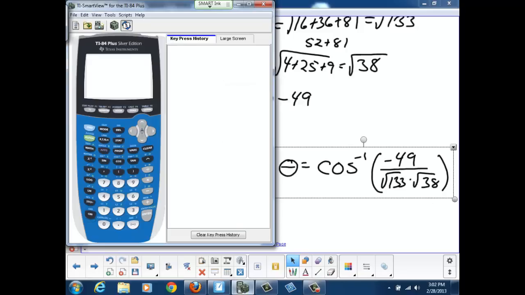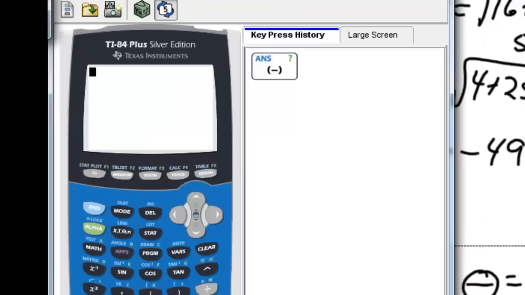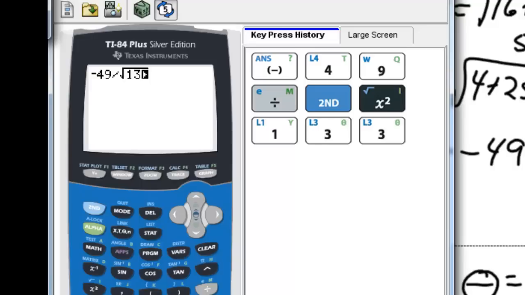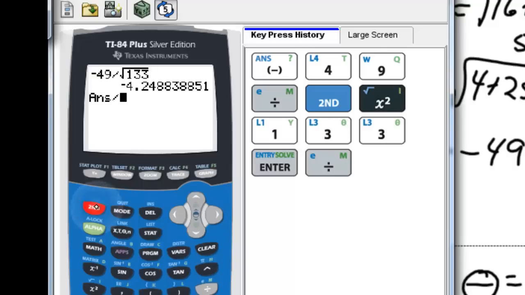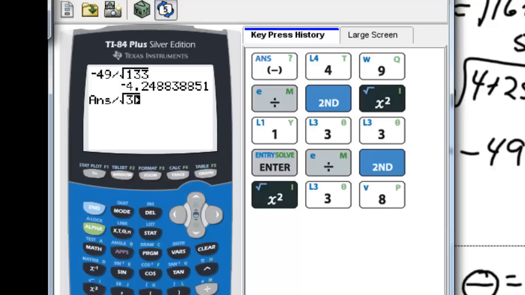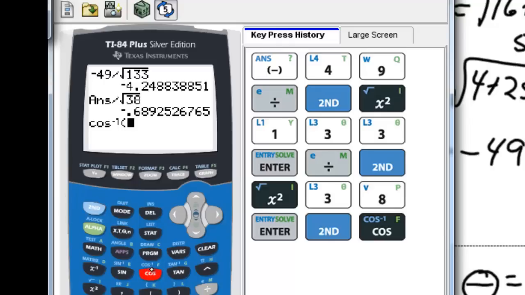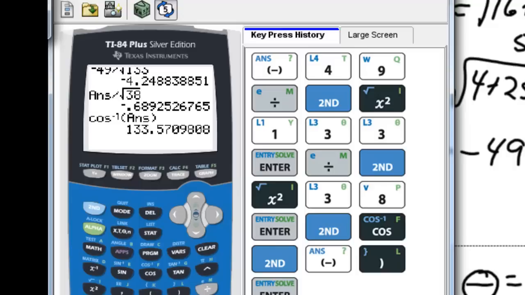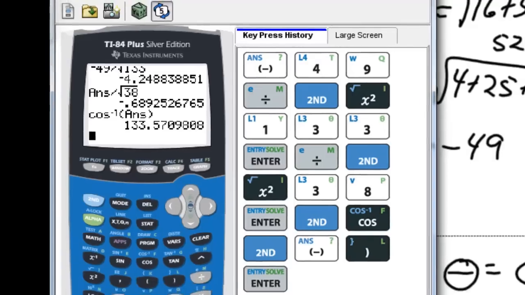We will take negative 49 and divide by the square root of 133, and then we will divide again by the square root of 38, and then we will take the inverse cosine of our answer and come up with 133.571 degrees.